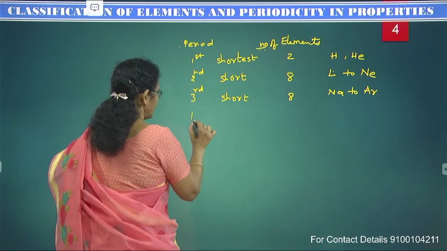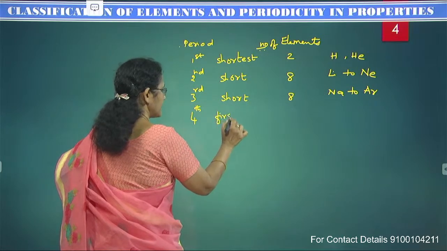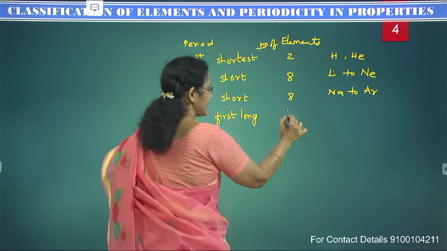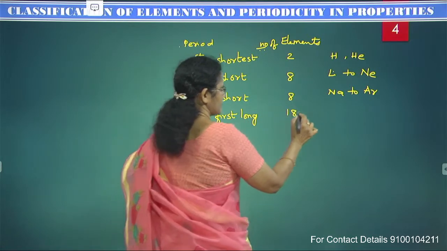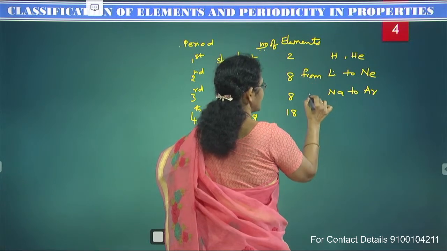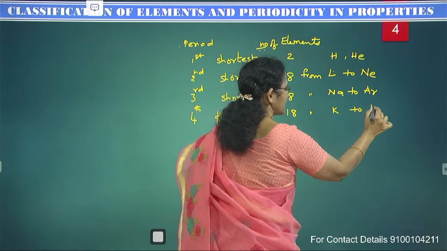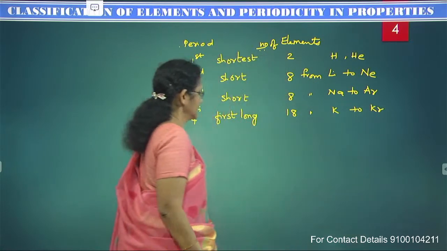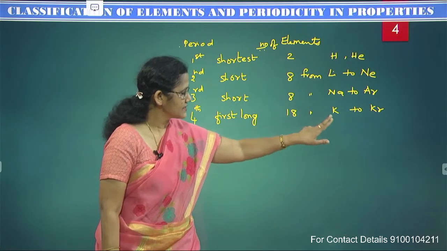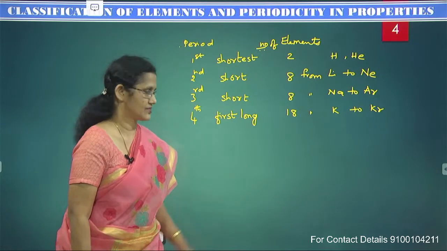Next, the fourth period, the first long period with 18 elements from potassium to krypton. 2 elements in S block, 6 in P block, 10 in D block, together 18 elements.